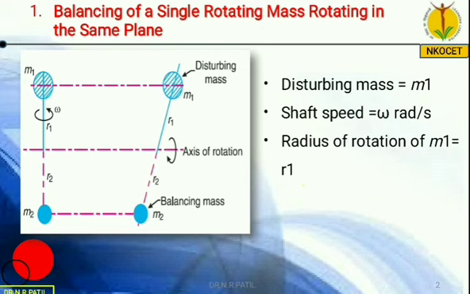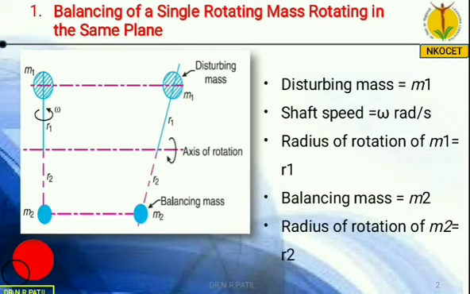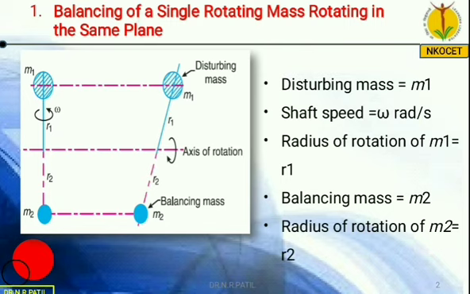The balancing mass m2 rotates at a distance of r2. This is r2, and we are going to find how to balance this. The figure shows m2 attached at a distance of r2, but let's see how it can be found out.